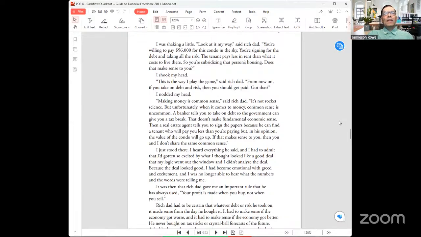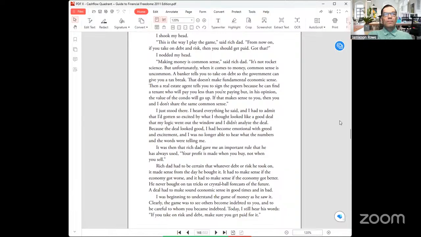"Then a real estate agent tells you to sign the papers because he can find a tenant who will pay you less than you're paying, but in his opinion, the value of the condo will go up. Another one-sided opinion. If that makes sense to you, then you and I don't share the same common sense. Those are both sales pitches, by the way, not the full story."